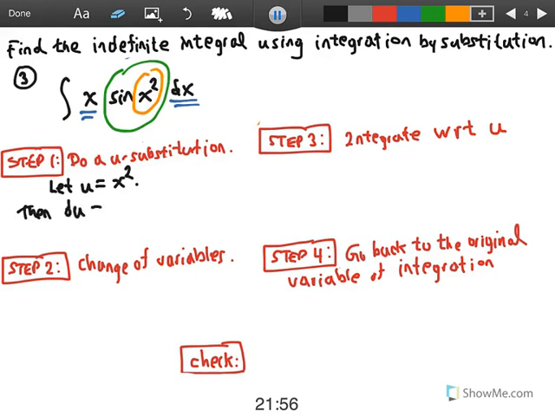Then the differential of u will be 2x dx. And we have x dx, so we would like to multiply both sides of that equation by 1/2. So we have 1/2 du is equal to x dx.